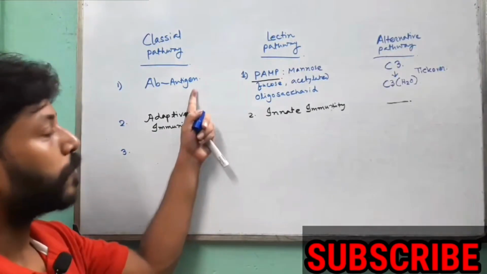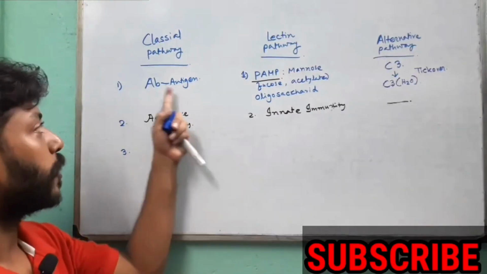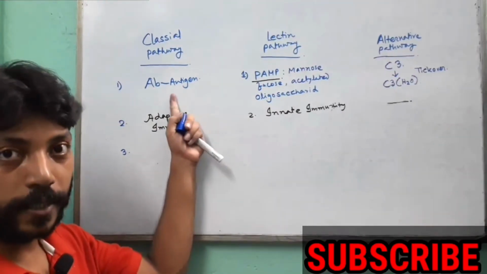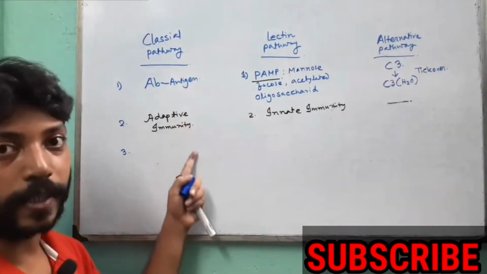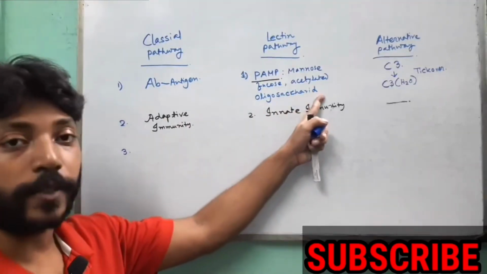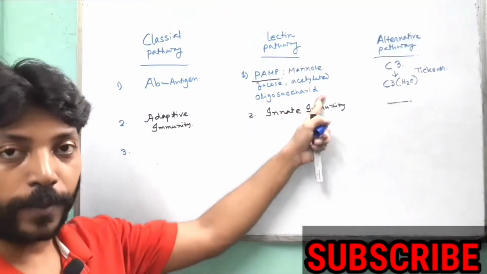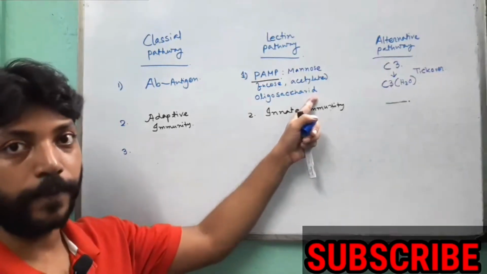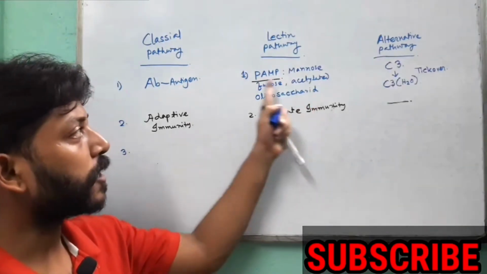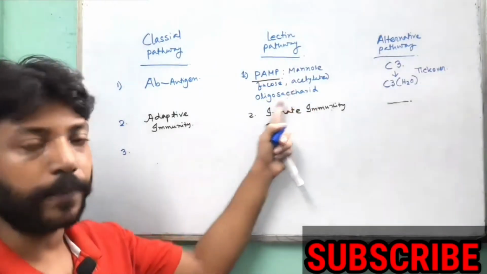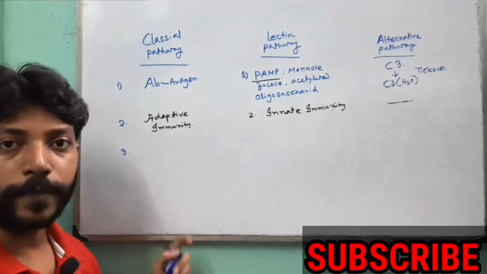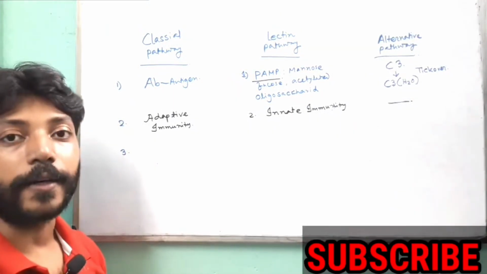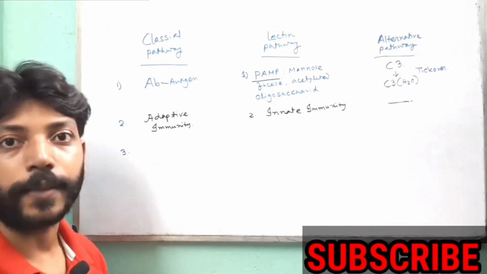Then the third point is the initiator protein. This is the initiation process. When antibody and antigen recognize each other, the classical pathway starts. When PAMP means any microbes enter our body, immune cells have receptors that can recognize this PAMP. So this is the initial mechanism, and in the complement pathway there are initiator proteins that initiate the pathway.